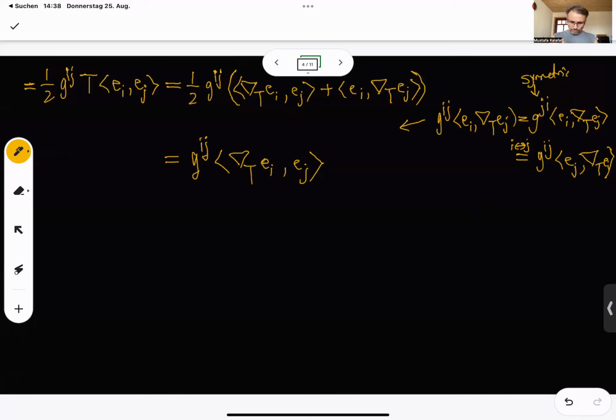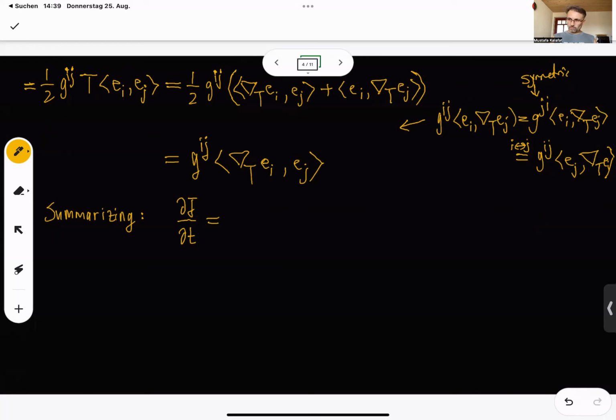That's how we open up this derivative of the metric part. Summarizing, that's how we find partial J over partial T.